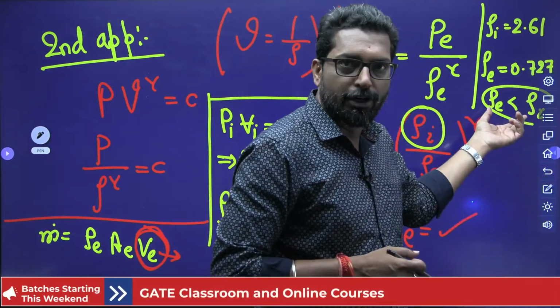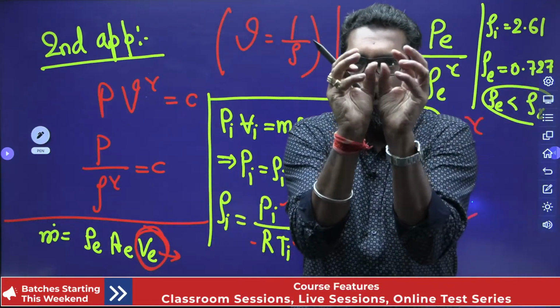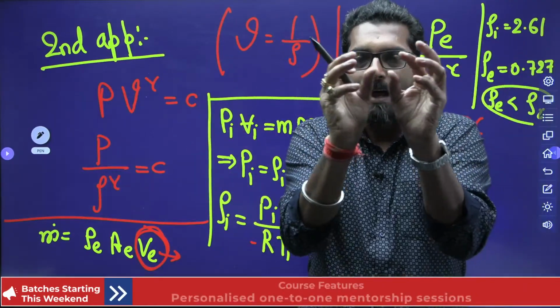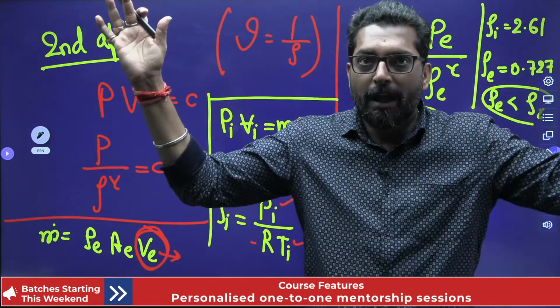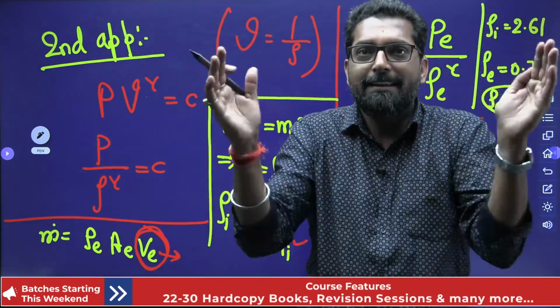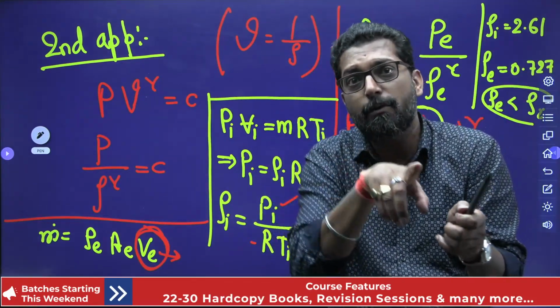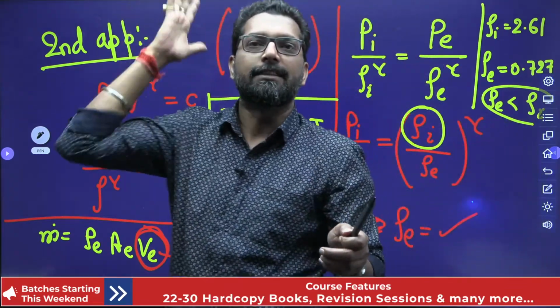If the density reduces, that means the intramolecular space will increase. When the intramolecular space increases, we have to expand the gas. If we have to expand the gas, that means the pressure will reduce. That pressure reduction goes into shooting out kinetic energy at the exit.